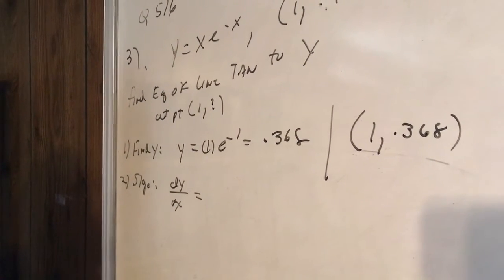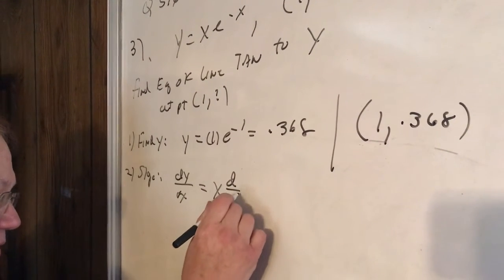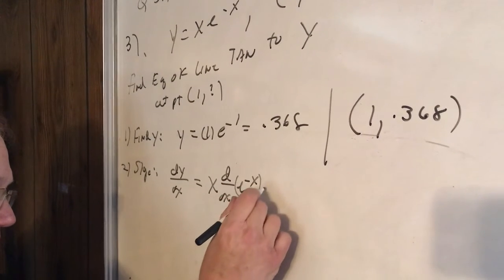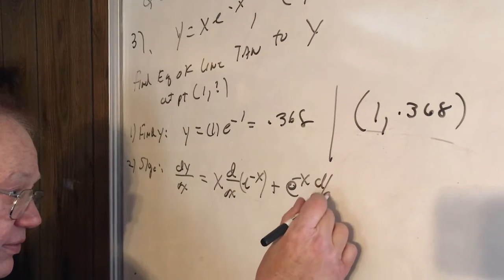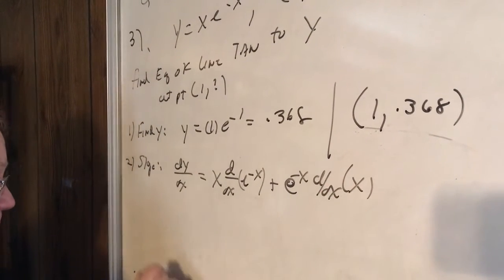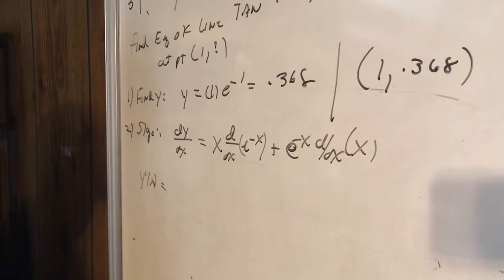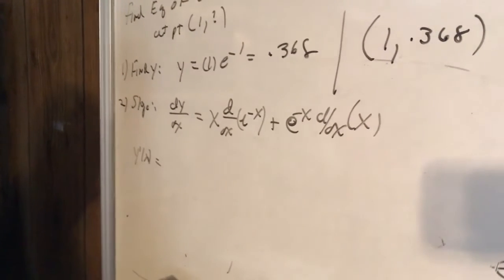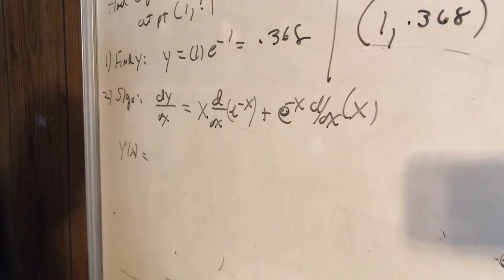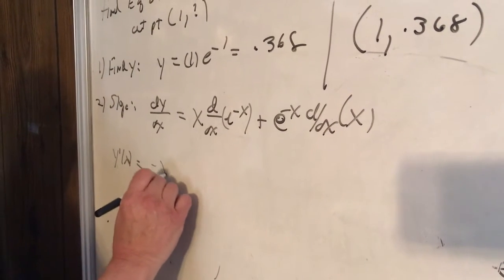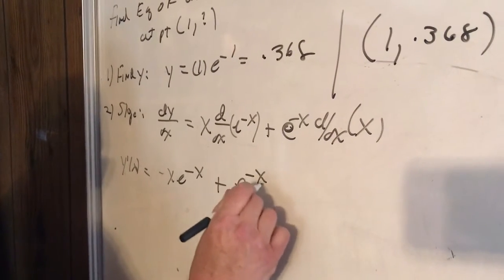And that is going to be a product rule: x times the derivative of e to the minus x, plus e to the minus x times the derivative of x. So y prime of x becomes minus x e to the minus x, plus just e to the minus x.